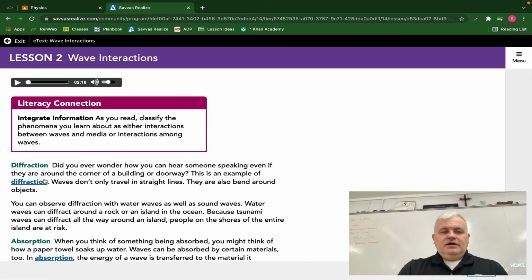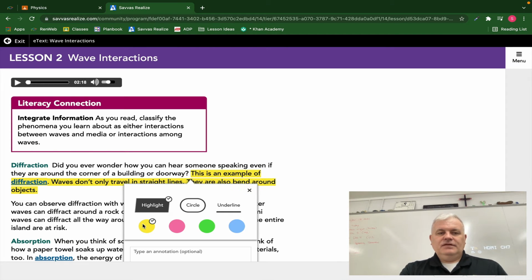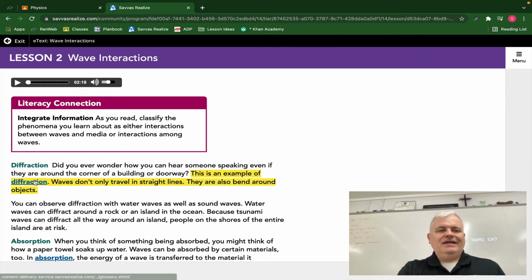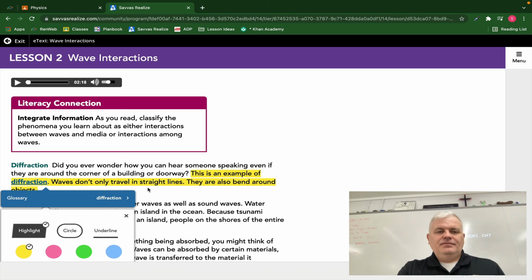This has something to do with a really cool effect called the Doppler effect as well, and we'll talk about that in a couple of weeks when we do sound. But diffraction is when light or sound can actually bend.